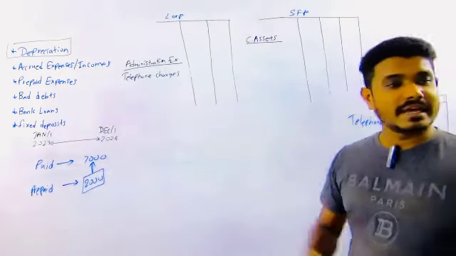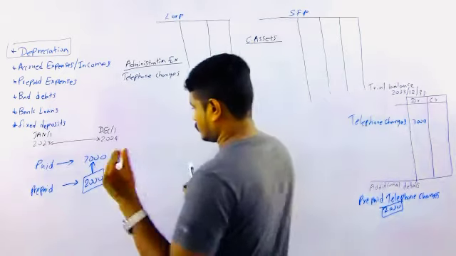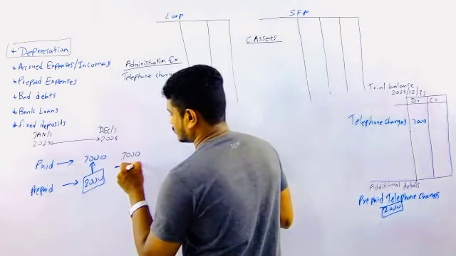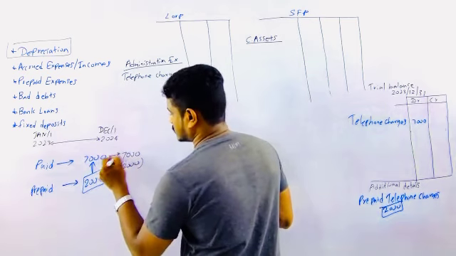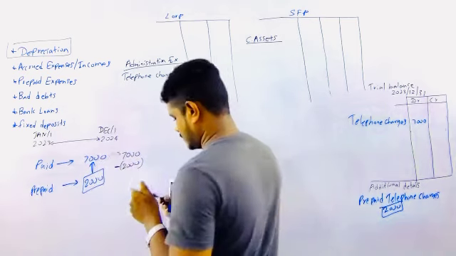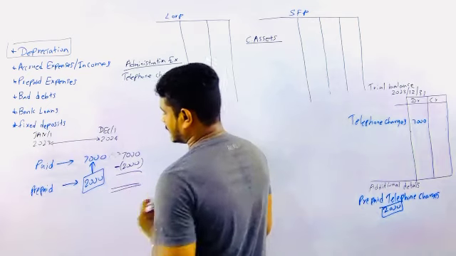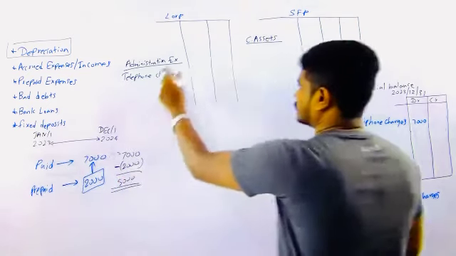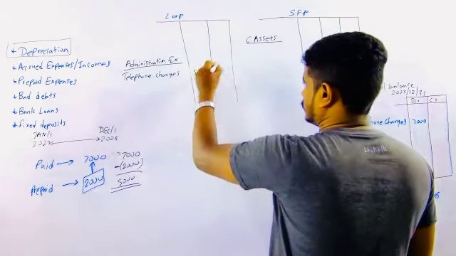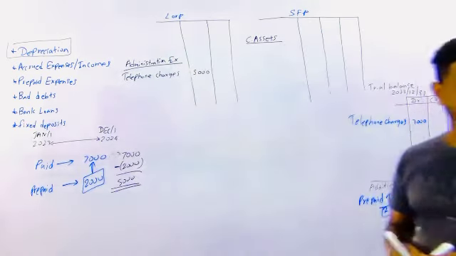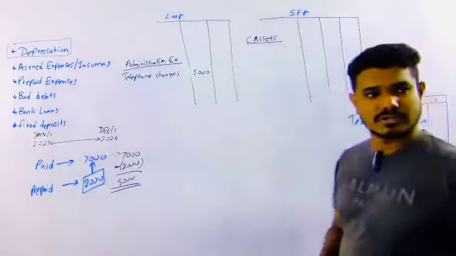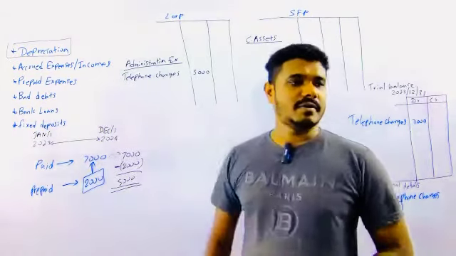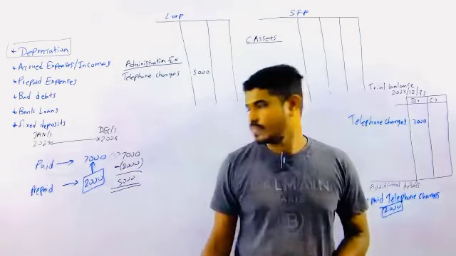So to get the real expense, we have to minus this 2,000 from this 7,000. So the real expense of this time period is 5,000, no? So for telephone charges here only 5,000. But we have paid 7,000, no? It means what happens? What happens when we pay for the future?